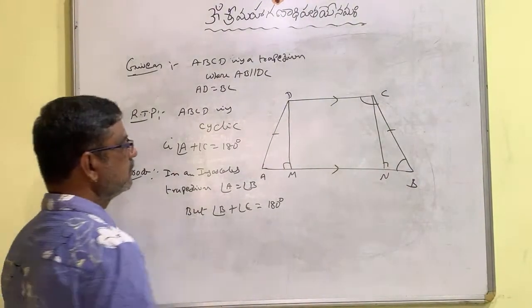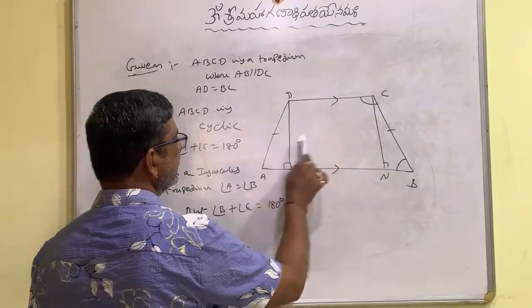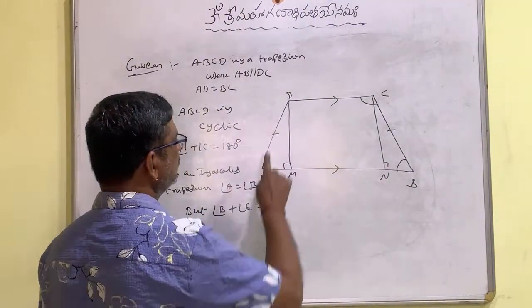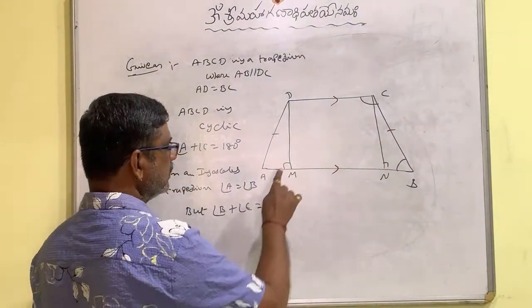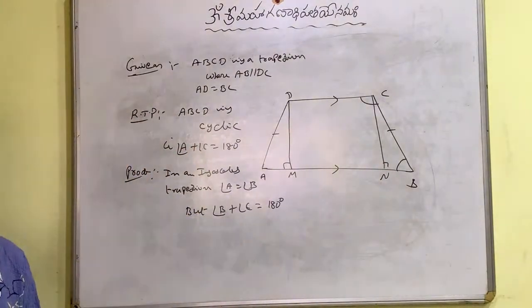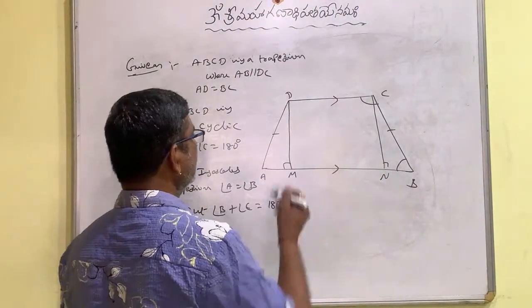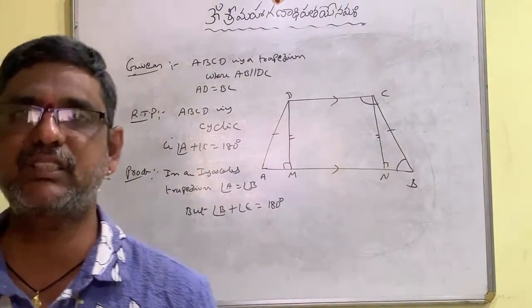Now we have two triangles over here. In these two triangles, AD is equal to BC, given. Angle M is 90, angle N is 90 by construction. And the perpendicular distance between parallel lines is the same everywhere.